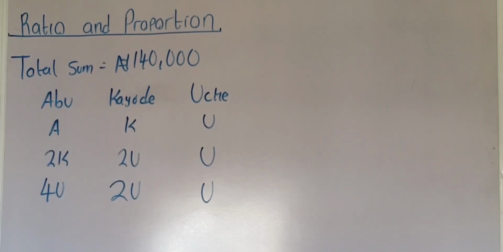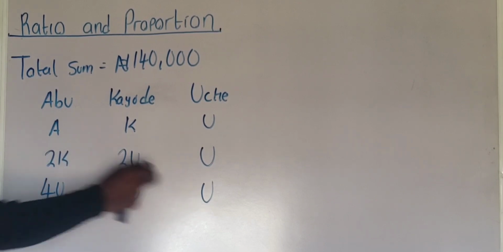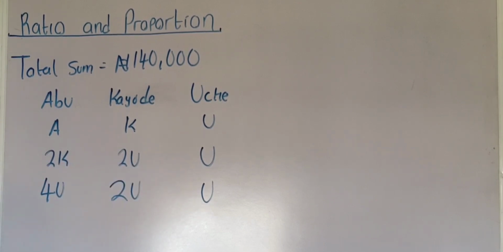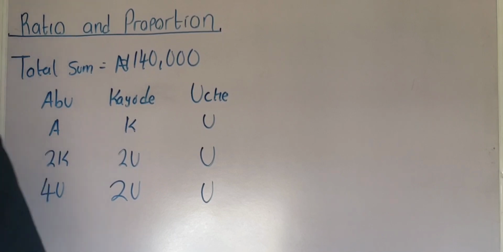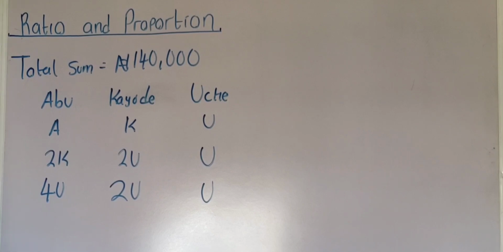Do you understand? Now, how do we determine the value of u? Don't forget that if you and I are told to share 100 naira, and if I take 80 naira, that means you are going to take 20 naira. Is that not it? Now, the sum of the shares that we receive must be equal to the total money.